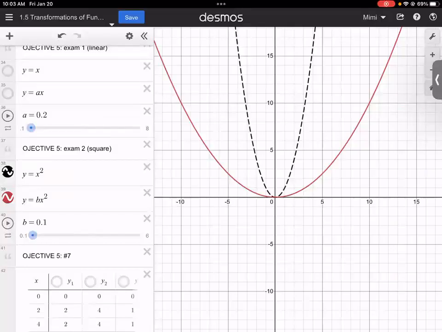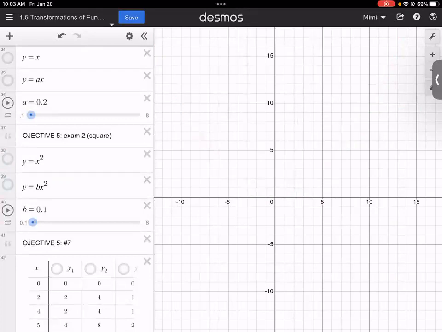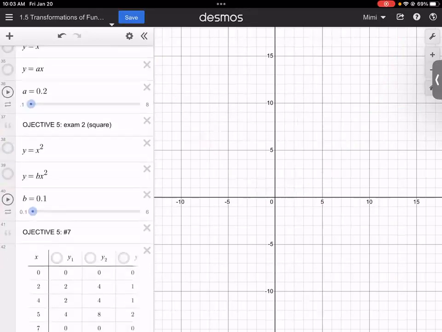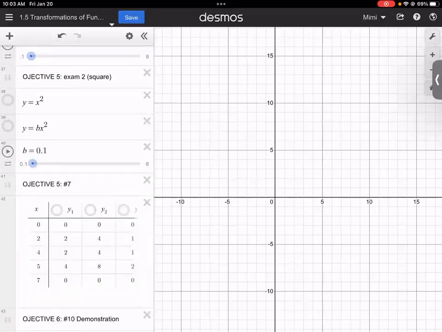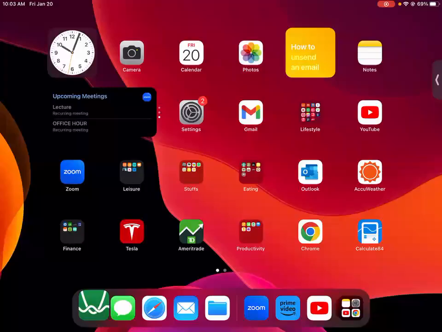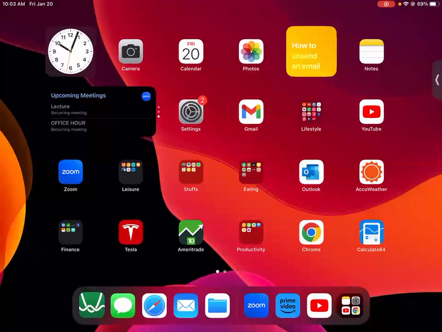Domain for the red one and the dashed one, what do you think the domain for those is? Everything, right? Eventually, it's always all real numbers, it just matters how fast it goes to infinity. I don't have an example here for you. I'm sorry, I thought I did. So I'll come back.